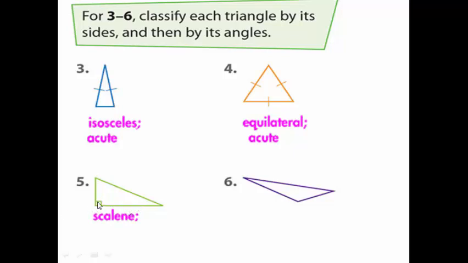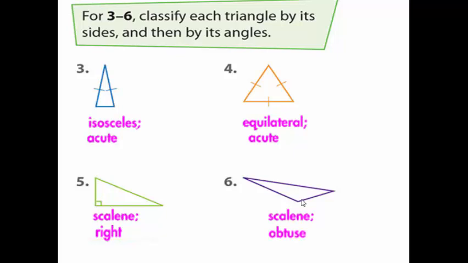And about the angles, I have one right angle, so I'll call it scalene right. Here I have no equal sides and one obtuse angle. No equal sides, we'll call it scalene, and one obtuse angle, so scalene obtuse.